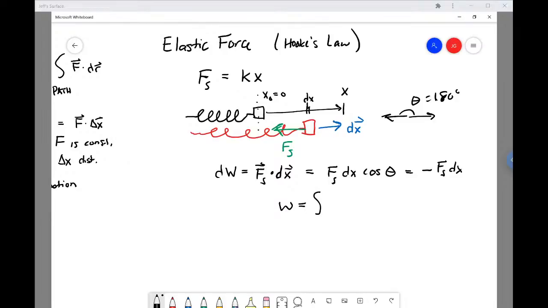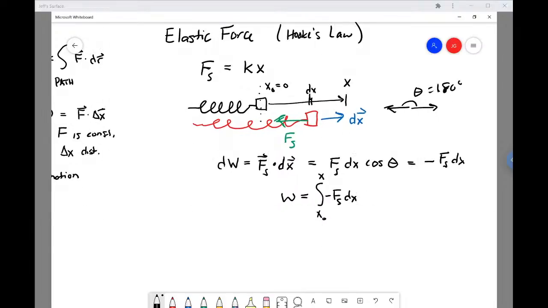Well, I have to integrate from the equilibrium position, x naught, to the final position, x. The spring force is kx, so let me put that in there, and I'll pull the negative sign out in front. Since the limits of integration are x's as well, it's customary to use a dummy variable inside the integrand.